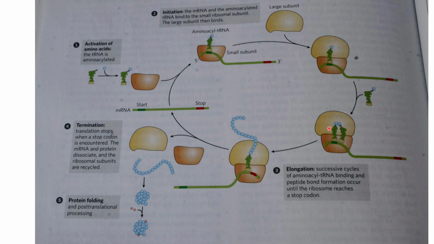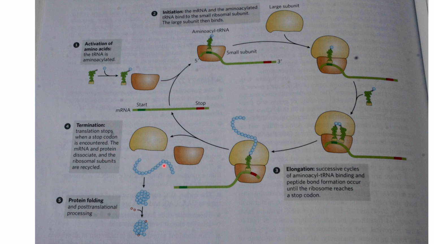So what happens is that the amino acid literally binds to the next one. A peptide bond is formed, and then the transfer RNA is released. You get enough of these, you get elongation of this process, and then termination where a stop codon is encountered, and then the messenger RNA and protein dissociate.